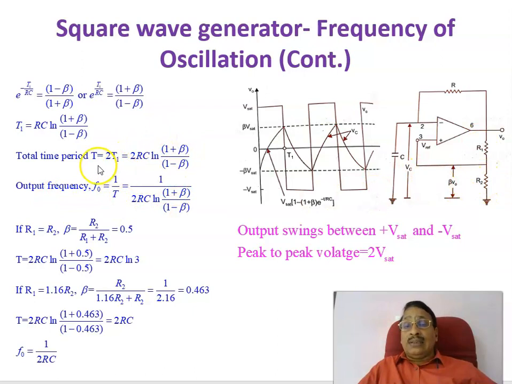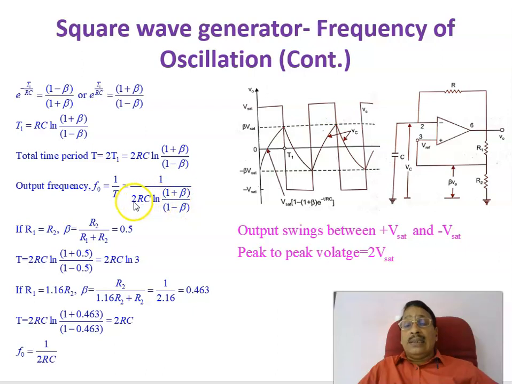Once you calculate the total time period T, the output frequency is 1 by T, which equals 1 by 2RC natural logarithm of (1 plus beta) divided by (1 minus beta). Therefore, this is the equation for the output frequency of a square wave, astable operation of an op-amp.